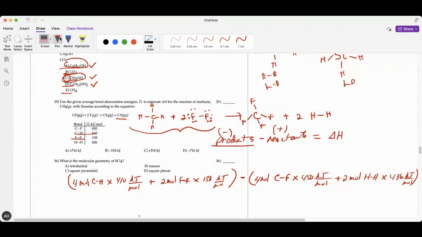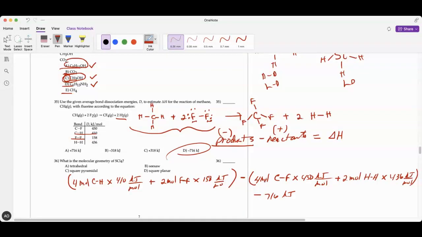Okay, I get a negative 716 kilojoules. So I'll show you guys that you can also do it. That'd be a negative 716 kilojoules, okay?